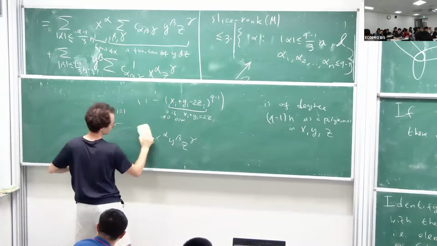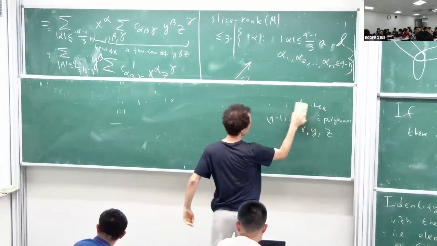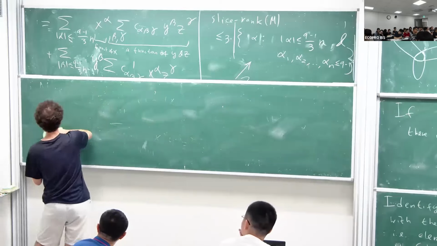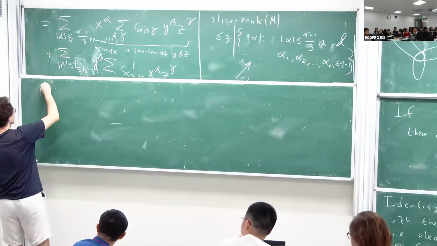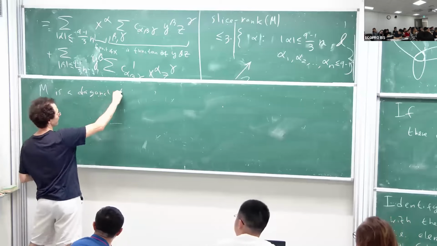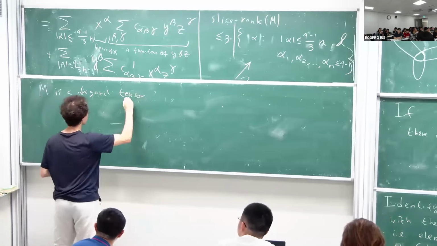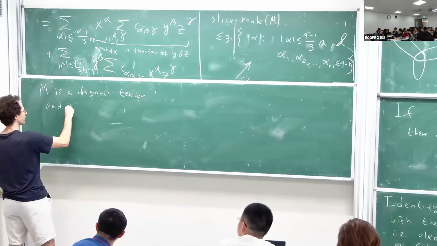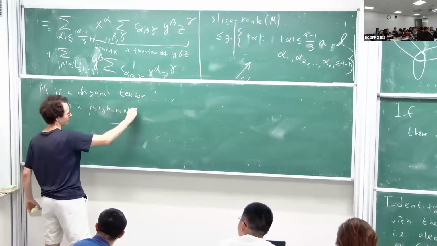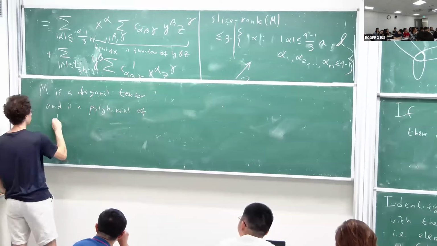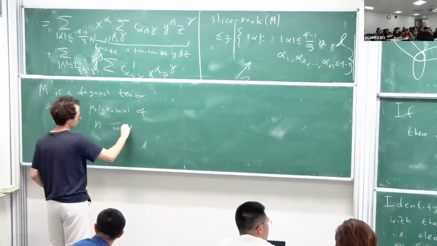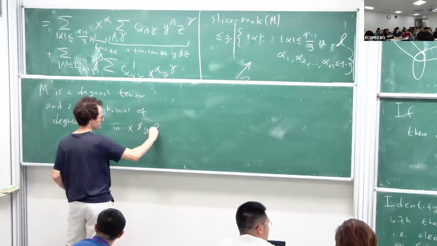So now my M is a diagonal tensor, and it is a polynomial of degree n in x, y, and z.